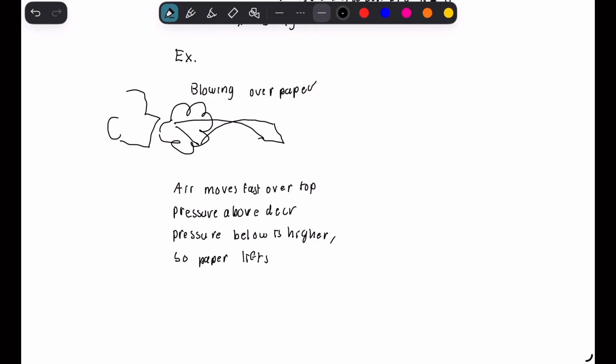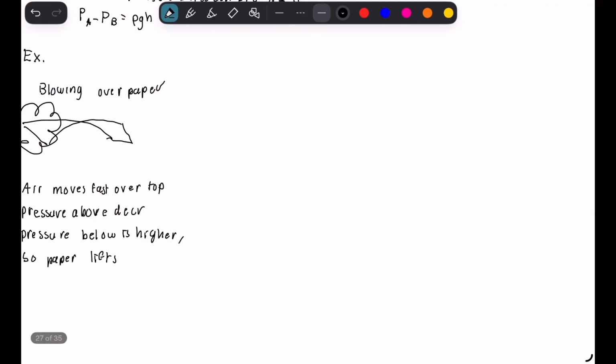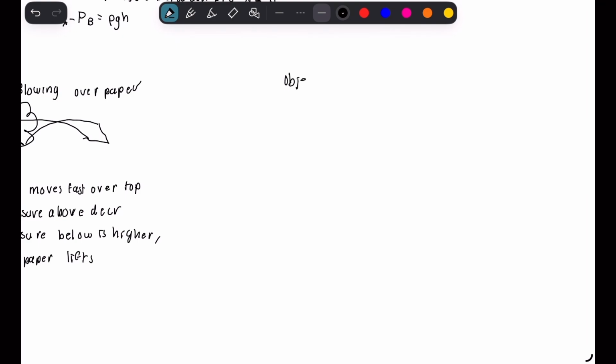Now, for another example, we have objects pulled together. So let's say you have two balloons like this. And we have a hose spraying water.